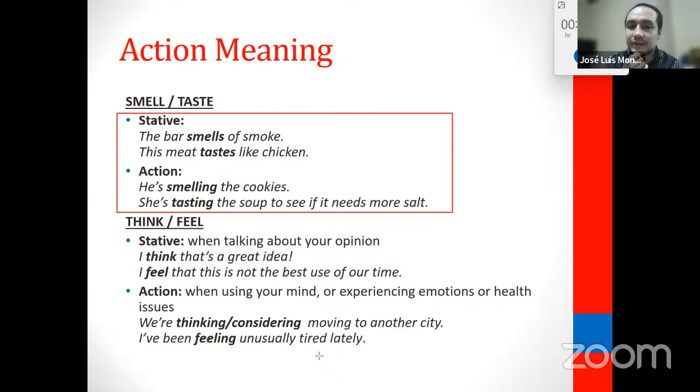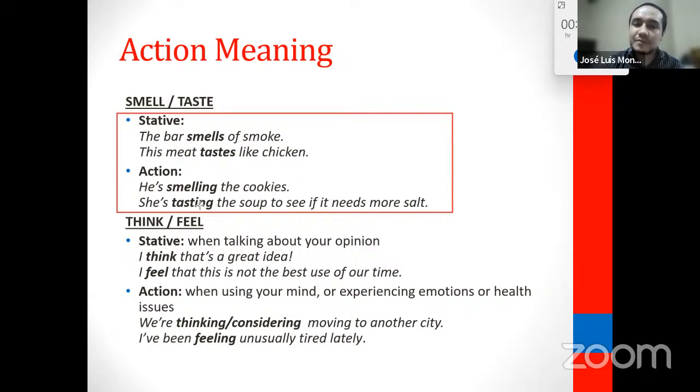A property, right? That's interesting, because yes, action is when a person is using the nose to smell something. You smell, you are smelling. You use your nose to do that. You're doing that action. Then taste: you grab a spoon and take a bit of soup and you taste it.